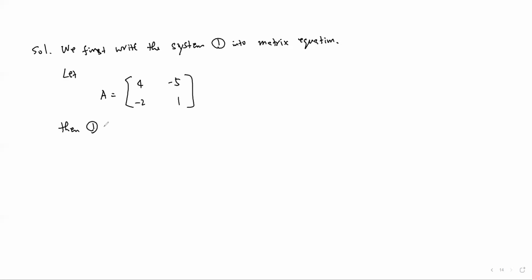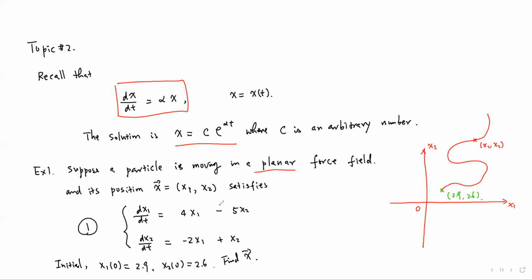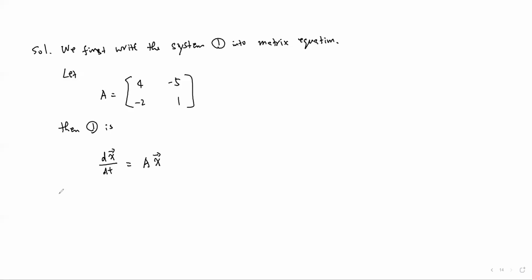The system of differential equations is: the left side is the derivative of the vector x, and the right side is the matrix A times the unknown vector x1, x2. Now, diagonalize the matrix A.